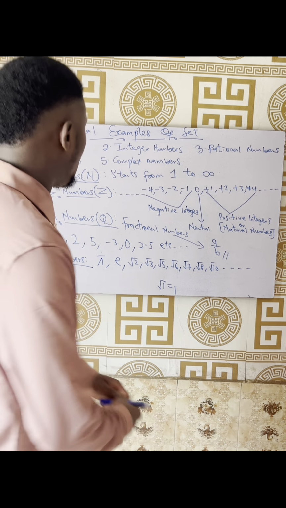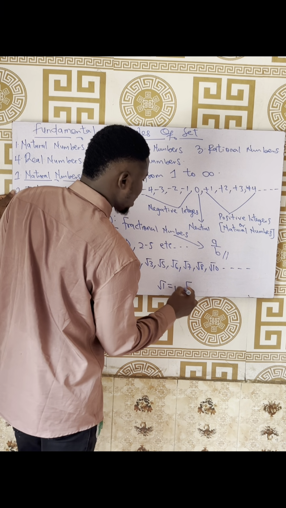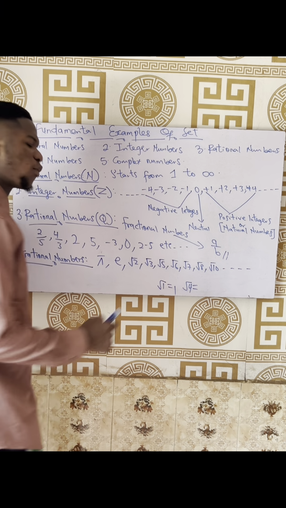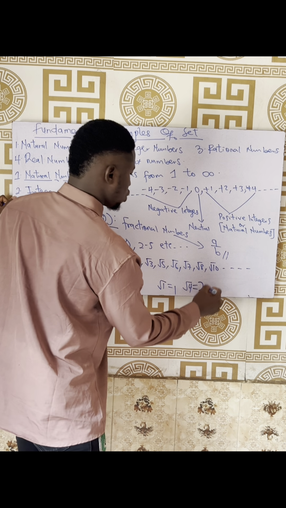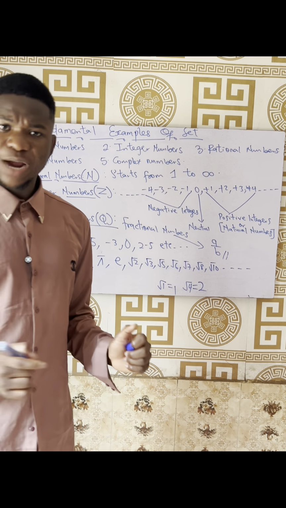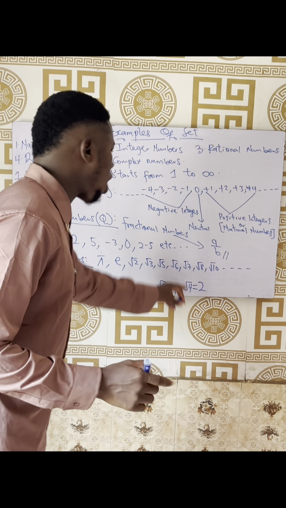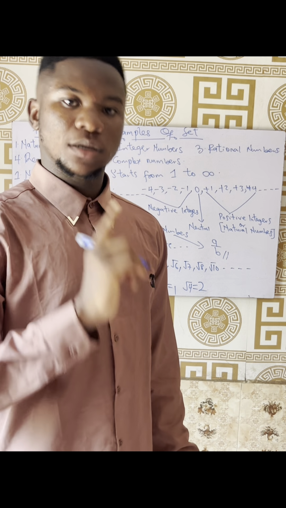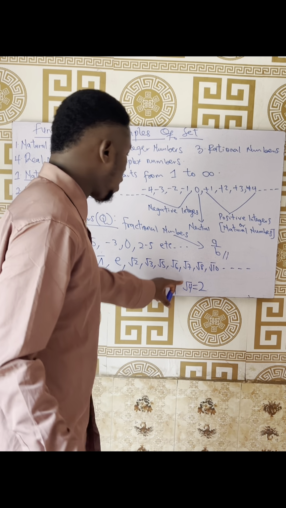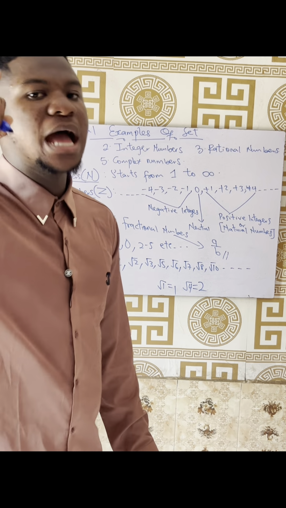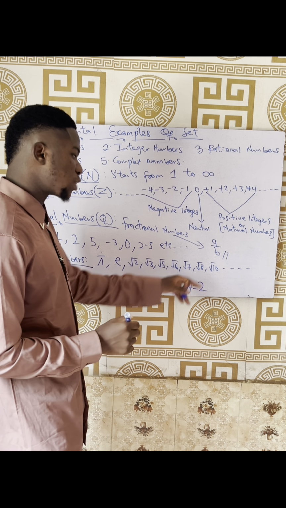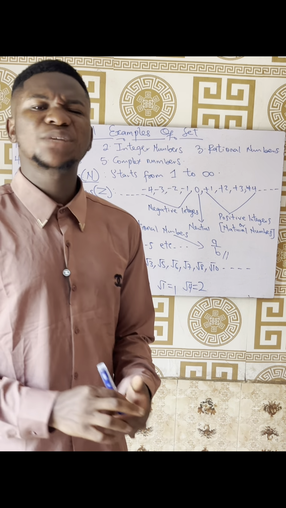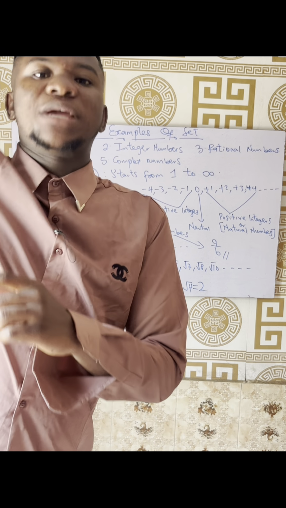But if I press root 4 on my calculator, what am I going to get? I'm going to get 2. Are you there with me? So root 4 is not an irrational number, but a rational number. If I press root 5, root 6, root 7, root 8 on my calculator, the value will also extend to infinity.